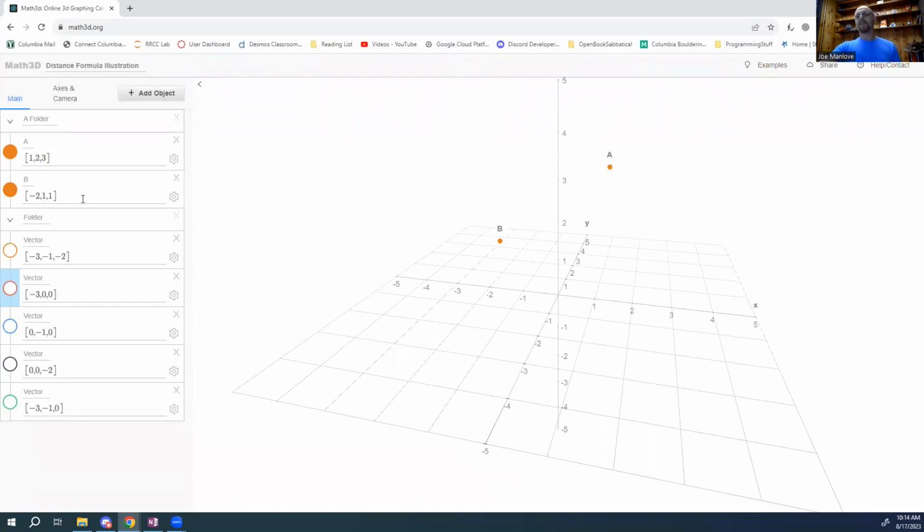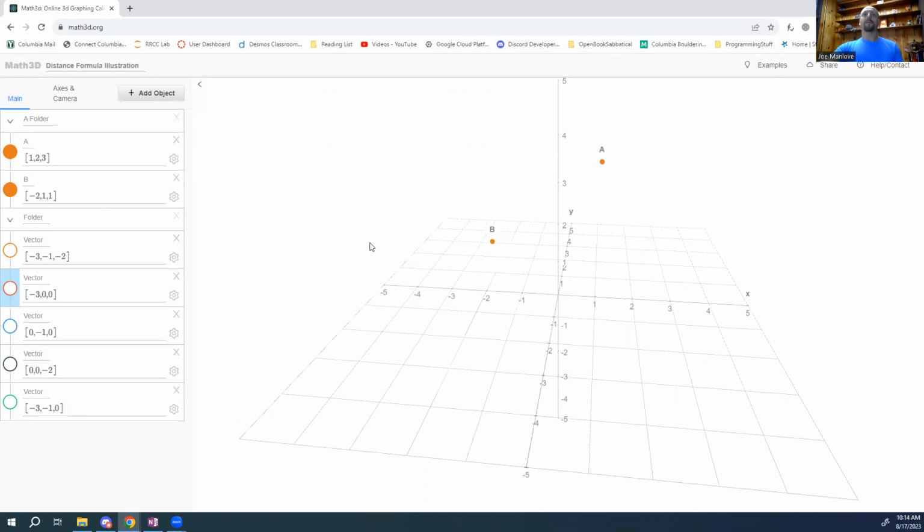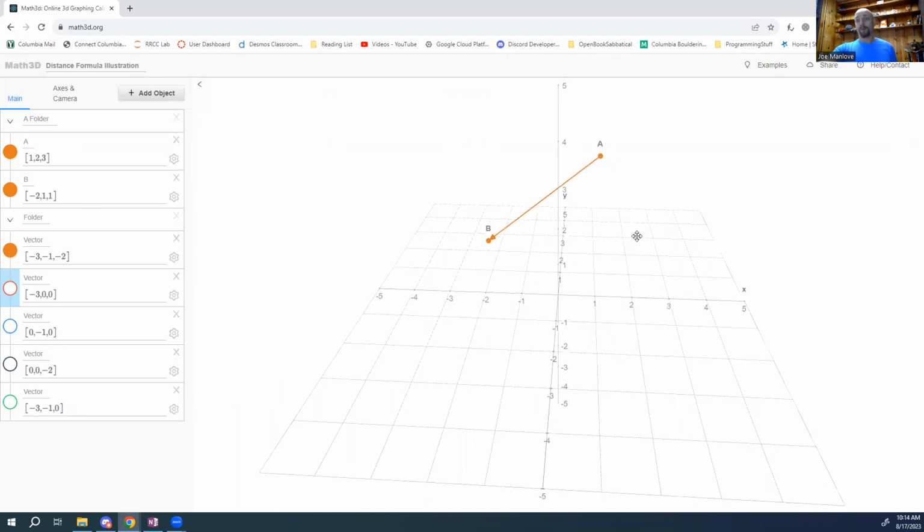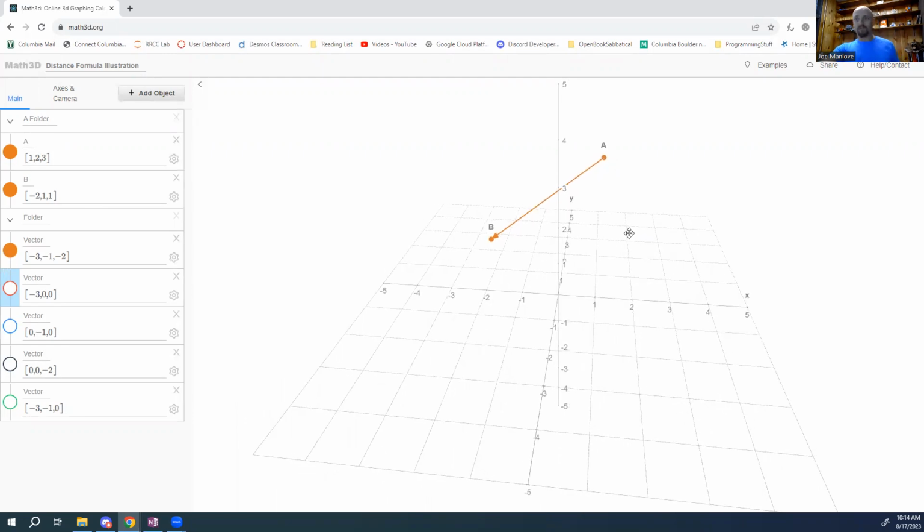And pause the video, spend 2 seconds telling me how to get to B. Okay, awesome. That's going to be left 2, forward 1, up 1. Okay, so let's talk about getting between those 2 points. So here's a vector, which we haven't covered yet, but trust me, it's just a line.